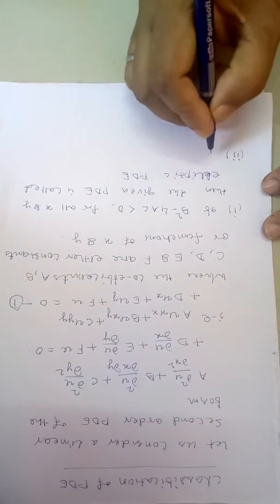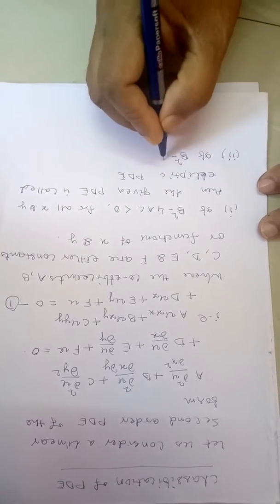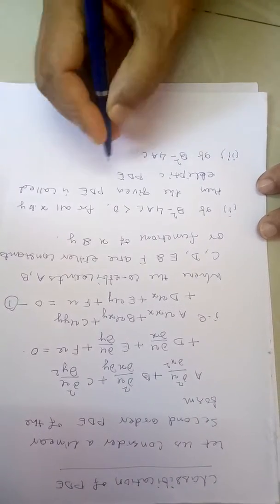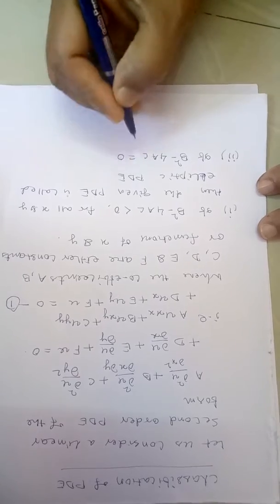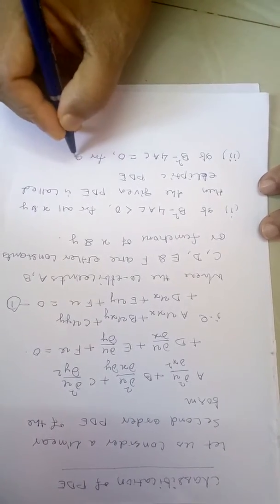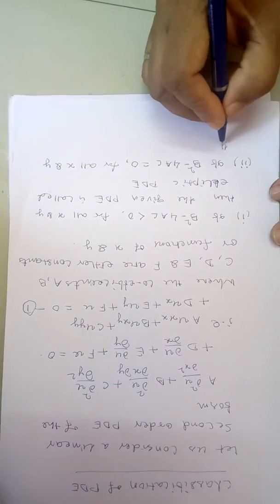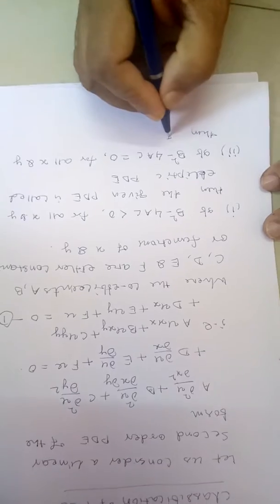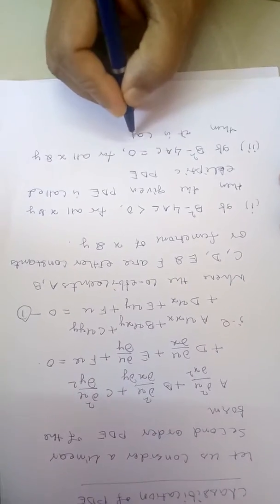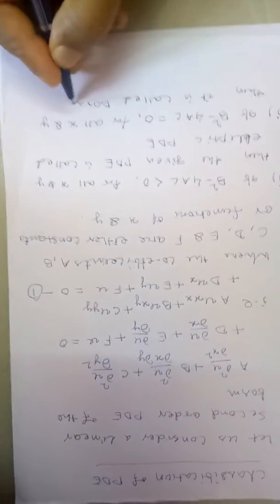Case 2 is, if b square minus 4ac is equal to 0 for all x and y, then it is called parabolic.